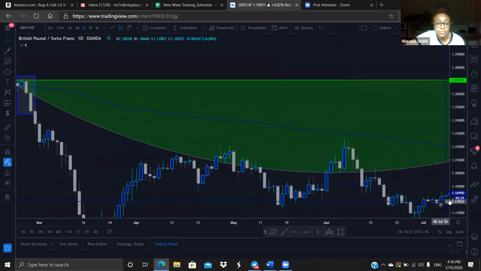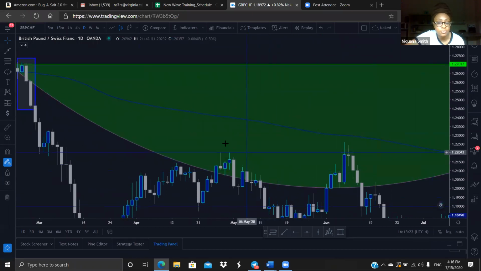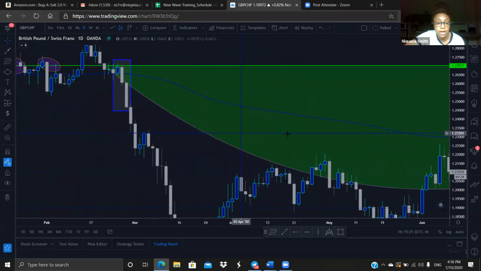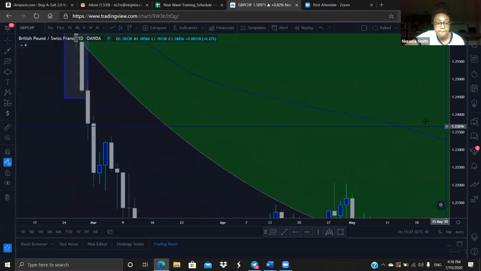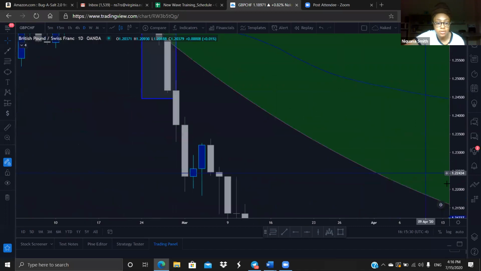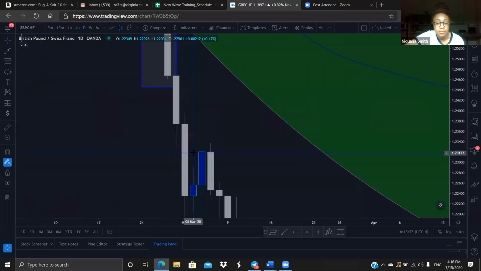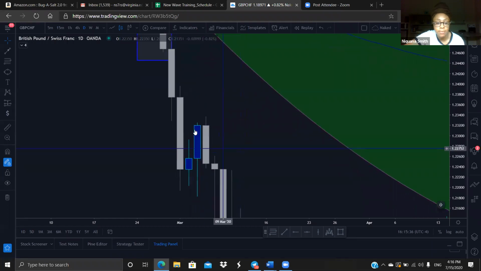So I see a few. So I like this one. This one hasn't been tested yet. So once again, you have this right here where you have price. You have this bullish candle followed by a bearish candle, followed by another bearish candle that is below the previous bearish candle.